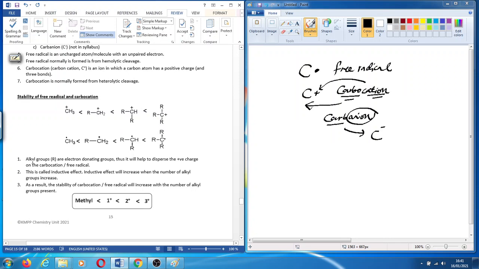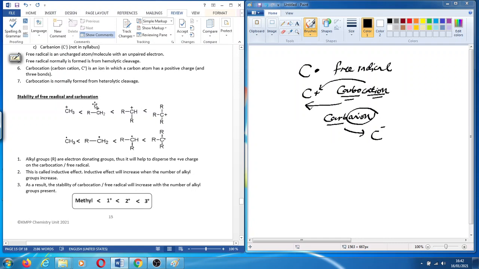Okay, alkyl groups are electron donating groups. Thereby, they help to disperse the positive charge on the carbocation or free radical. We understand that C plus means it has less electron. When you have R, the alkyl group is an electron donating group.